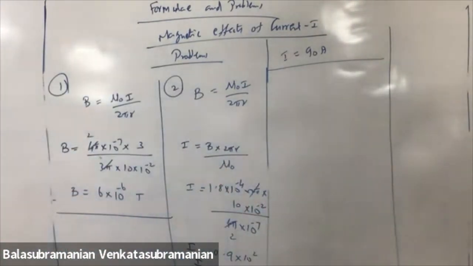Third problem. In the Bohr model of hydrogen, an electron revolves around the nucleus in a circular path of radius 5.11 into 10 power minus 11 meter at a frequency of 6.8 into 10 power 15 hertz. What is the magnetic field set up at the center of the coil?